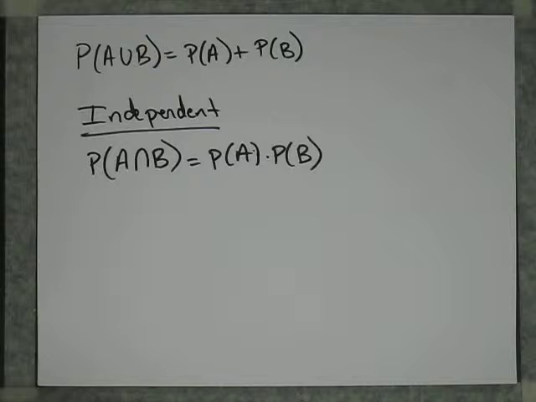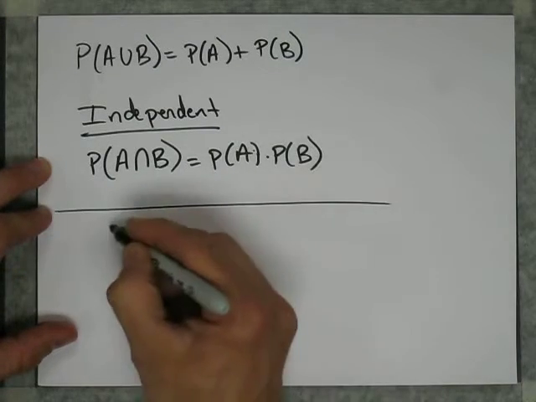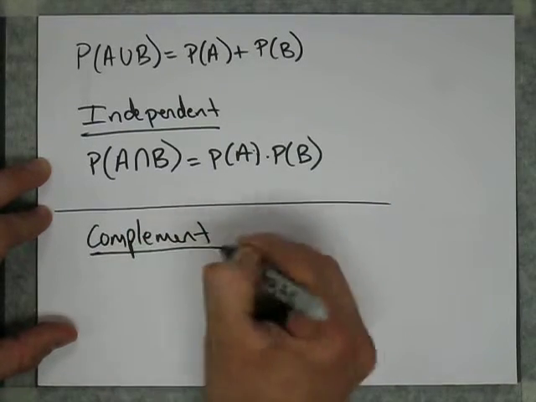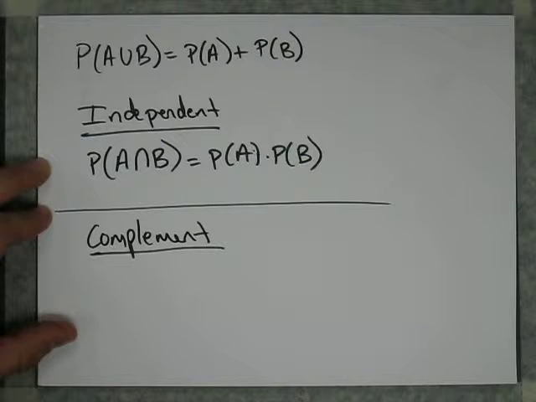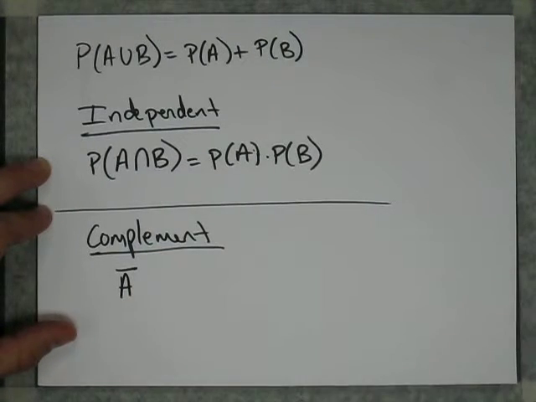All right, now the last word I want to cover before we do a couple examples is the complement. The complement consists of the elements of S that are not members of A. The complement would be written with a bar over the top.